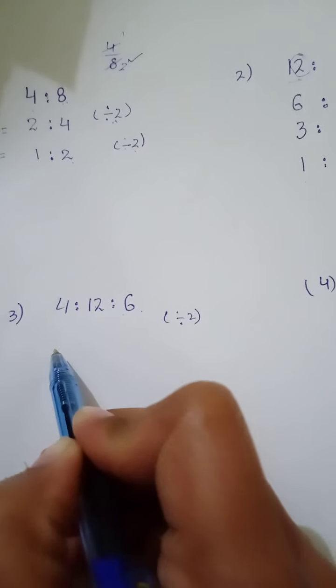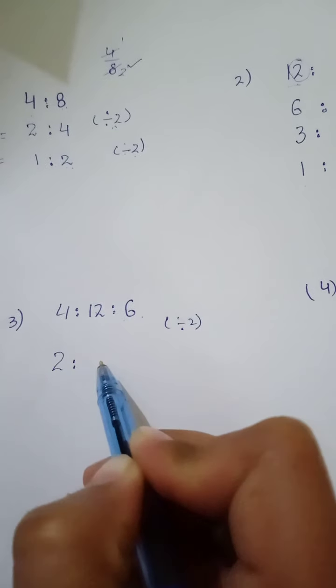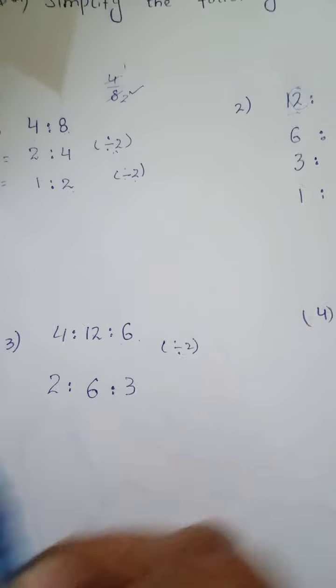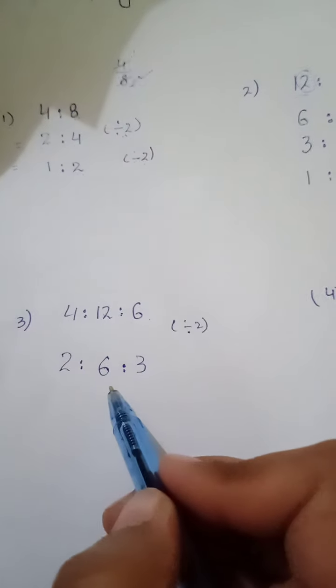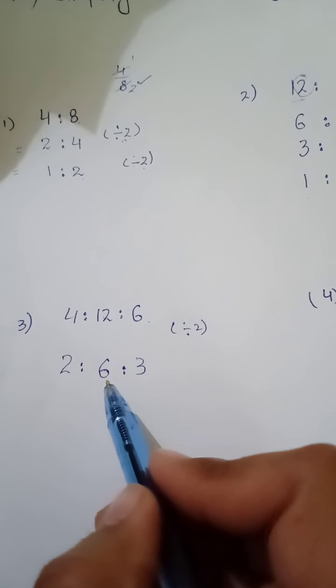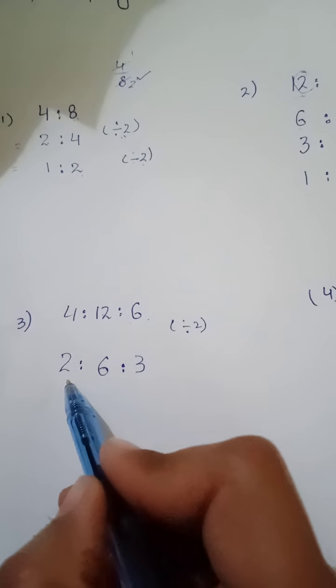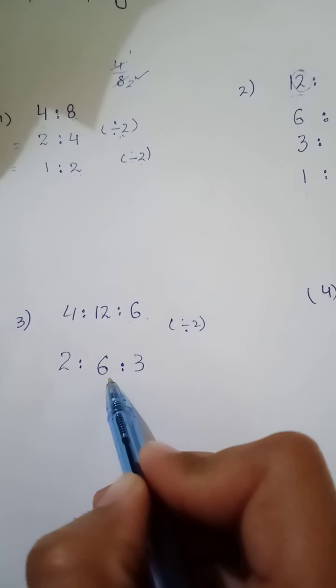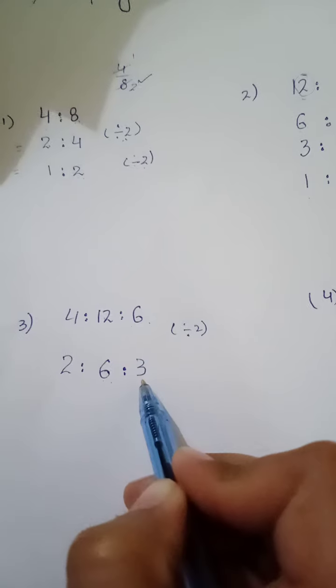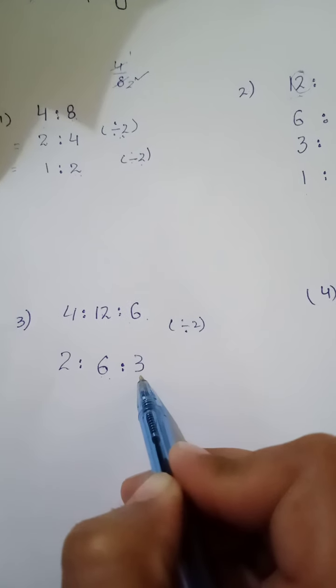So 2 times 4 ratio 2 6 times 12 ratio 2 3 times 6. And now you can see that further division on the same table is not possible, because 2 and 6, these two numbers go on table of 2. 2 ones are 2, 2 threes are 6, but 3 doesn't come on table of 2.